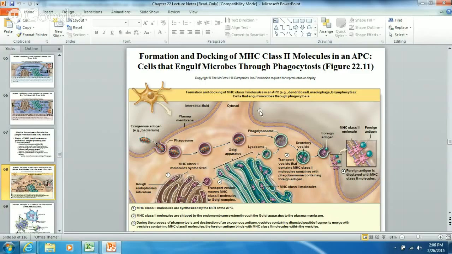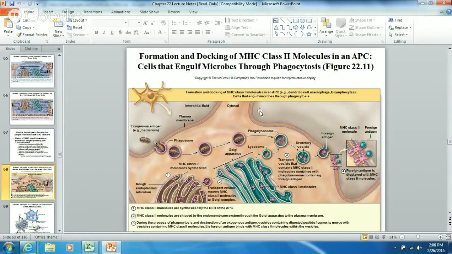And so it pulls the bacterium into this membrane-bound bubble, sticks it in there, and then the cell starts processing an MHC class 2 molecule. It synthesizes it in the rough endoplasmic reticulum, transports it in a transport vesicle over to the Golgi complex, and then it waits. And it waits there until it's released in a lysosome.